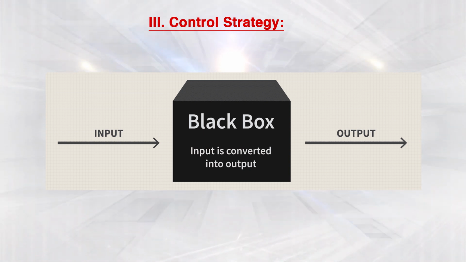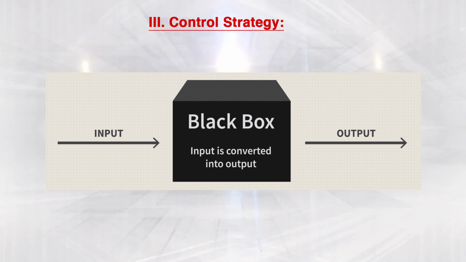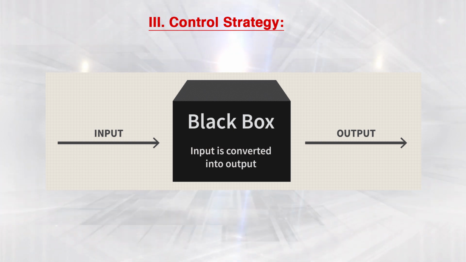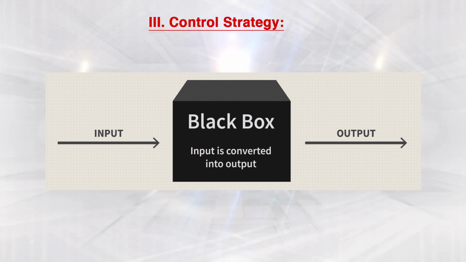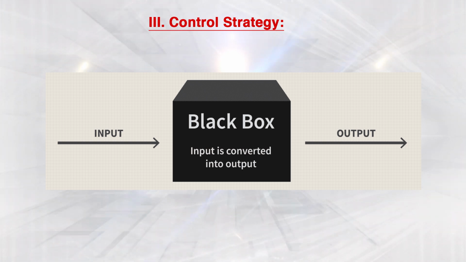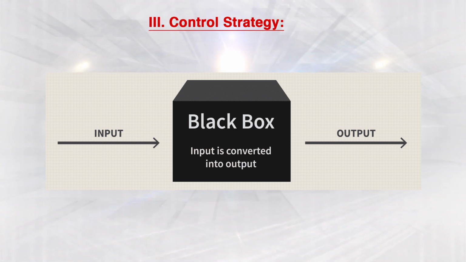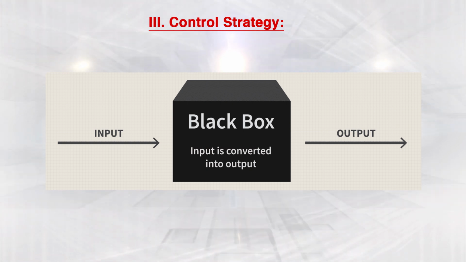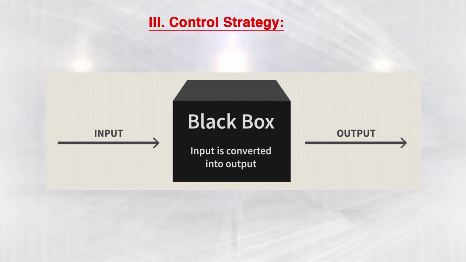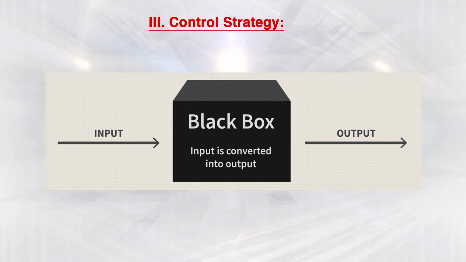A control strategy or control algorithm in the context of electric vehicles and hybrid electric vehicles essentially comprises a set of instructions or laws that regulate the overall operation and power flow of the vehicular system. This algorithm acts as a black box, performing the necessary calculations based on input information to produce the desired output or outcome.